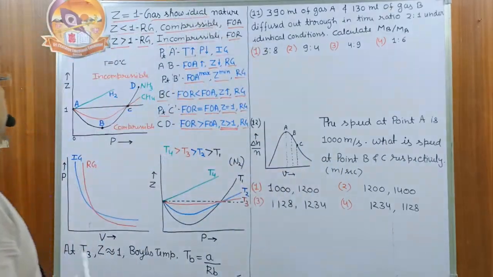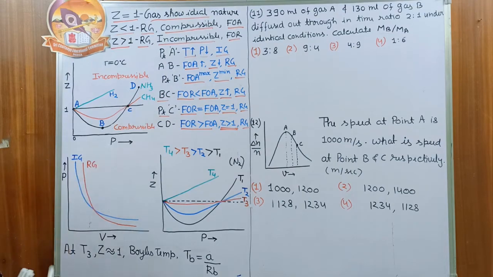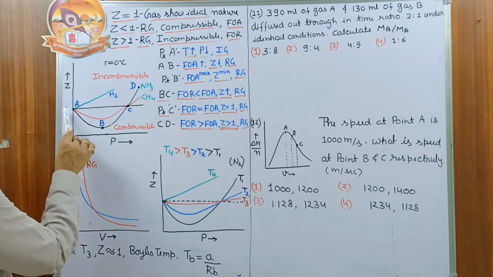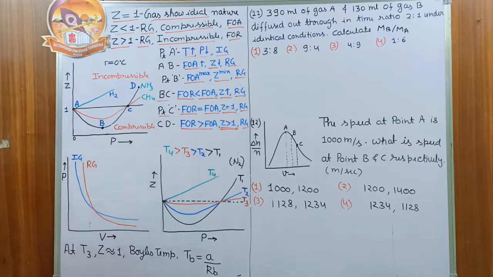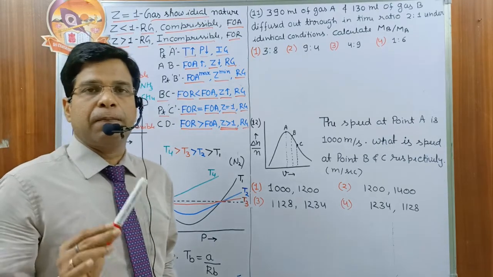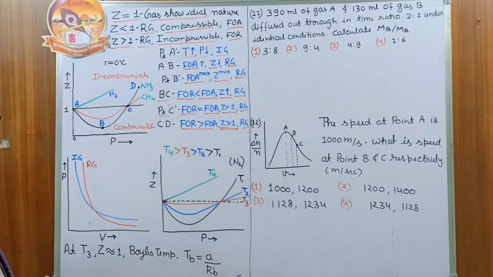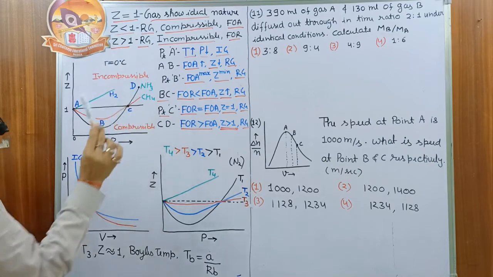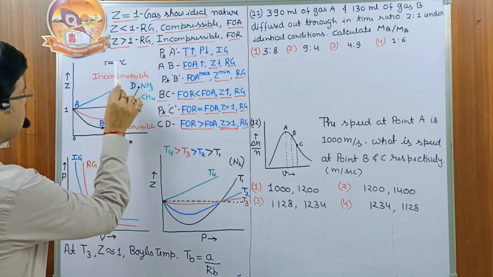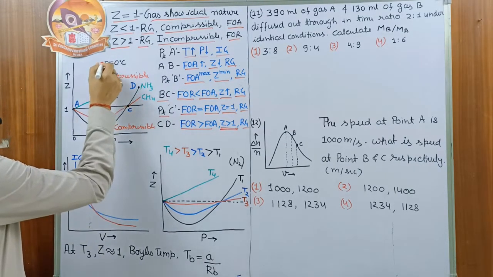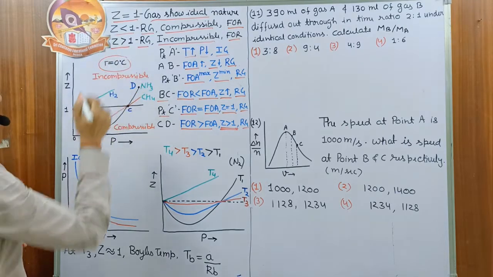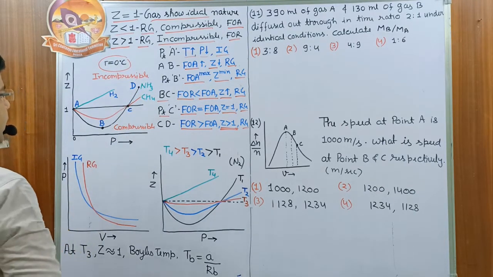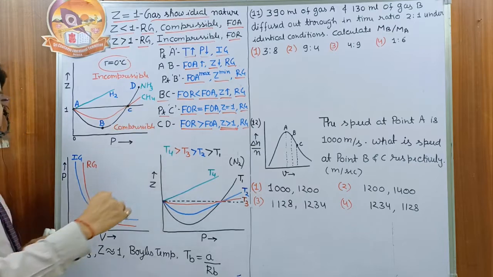Okay, so now we have this graph of the compressibility factor versus pressure. For this black line, the Z value is equal to 1, meaning this represents the ideal gas. This is also called the Andrews isotherm because we have drawn this graph at constant temperature. It may be 0 degrees centigrade. This line indicates the value of Z is equal to 1.